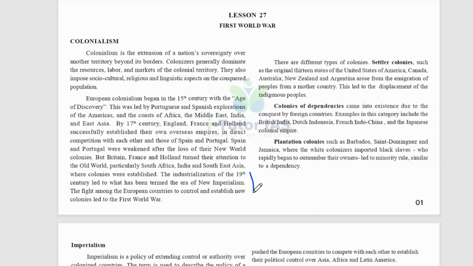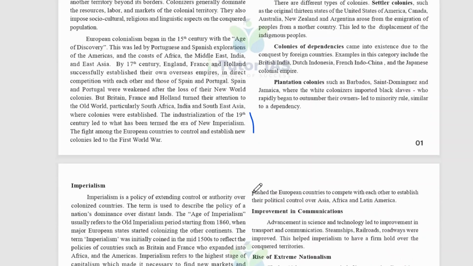And there are different types of colonies. Settler colonies, such as the original thirteen states of the United States of America, Canada, Australia, New Zealand, and Argentina, arose from the immigration of people from a mother country. This led to the displacement of the indigenous people. Colonies of dependencies came into existence due to conquest by foreign countries.